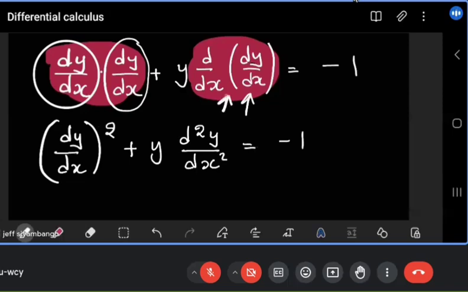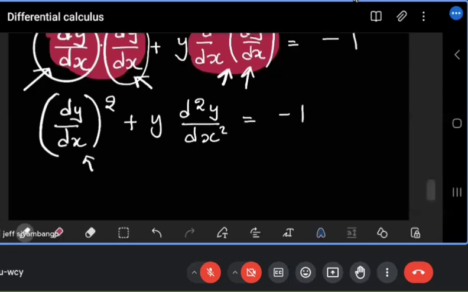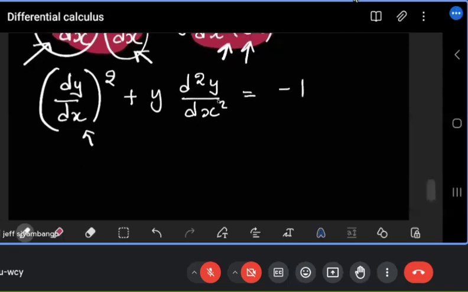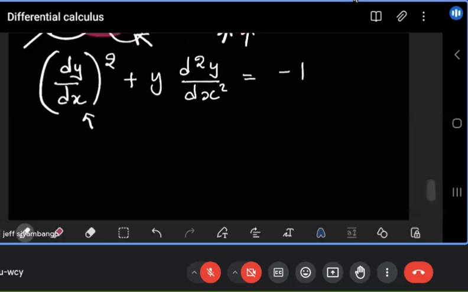Here, getting the derivative of the first derivative. Here, you are multiplying the first derivative with the first derivative. So you're going to get the first derivative being squared. So to find the second derivative, we'll leave the second derivative alone on the left side.